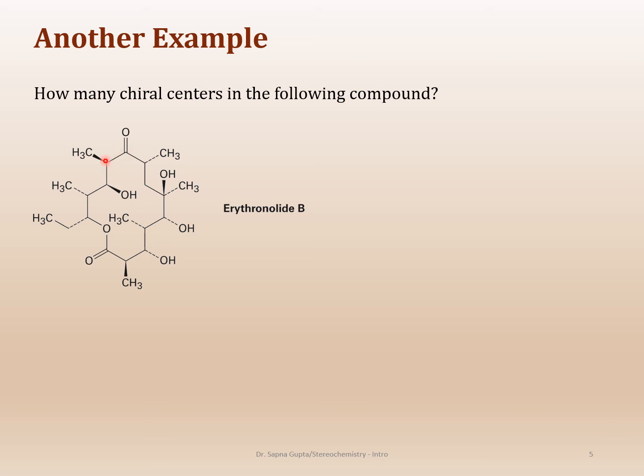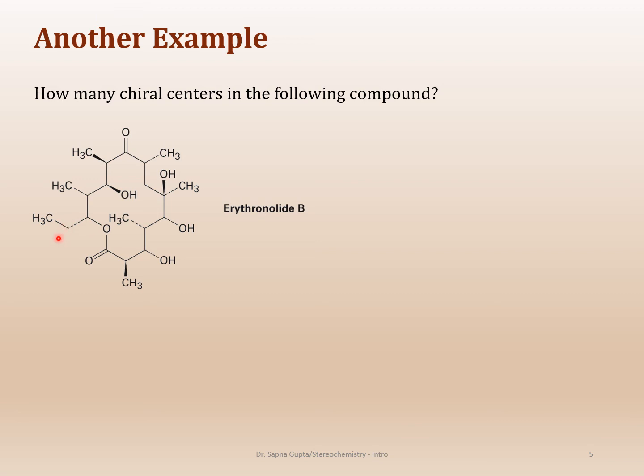This carbon can be chiral. So what are the groups on this carbon? You have a CH3, a methyl group coming out of here. You have a carbon with a double bond. You have a hydrogen, and then you have a carbon with a hydrogen and an OH. So yeah, you have 4 different groups attached over here. So that's going to be chiral. This carbon here is not going to be chiral because it has a CH3. It has all of this carbon, which has a hydrogen and oxygen and carbon attached to it.